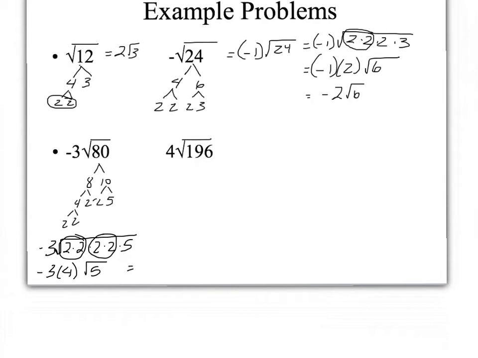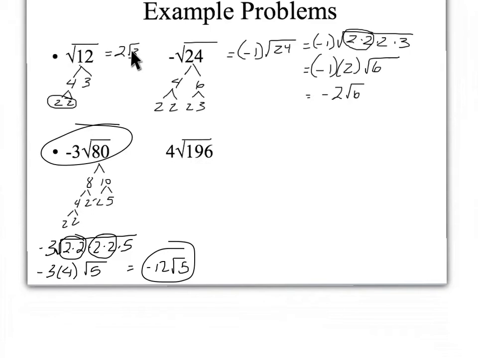So we end up with negative 12 square root of 5, being the equivalent form of negative 3 square root of 80. See how what's left under the square root is a prime number or the product of 2 or more prime numbers. We can have as many prime numbers as we want under there as long as they're different prime numbers all multiplied together.